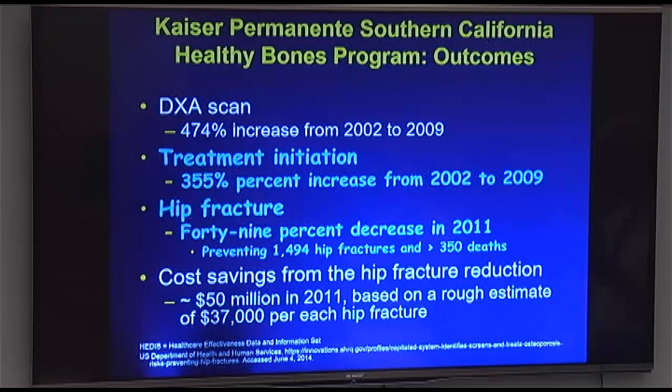And in terms of hip fractures, a 49% reduction in the expected incidence of hip fractures. And the numbers that they think they prevented was like 1,500 hip fractures, and they may have prevented over 350 deaths. The cost savings, $50 million in 2011 based on the rough estimate of $37,000 of costs for each hip fracture.